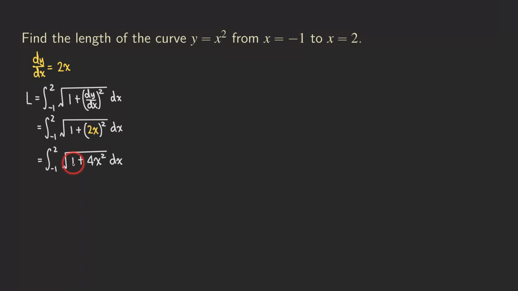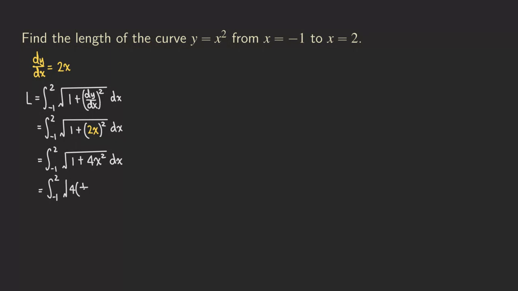So first, we can actually factor out the 4, right? Because we may not really want the 4 in front of the x squared. So it will be a good idea to factor out the 4. And then we also need to factor out the 4 from the 1. Right, so we do that, then we are going to get the integral from -1 to 2, and then you are going to be getting 4 in the front, right?